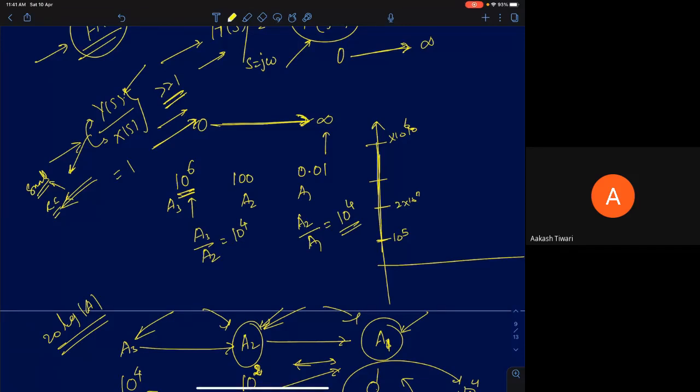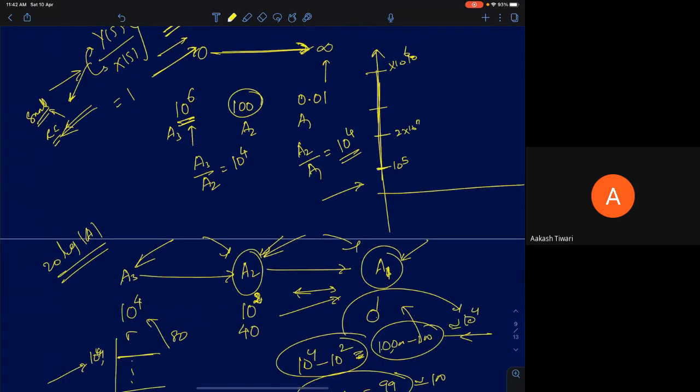Now on this graph, if I want to show 10 power 2, which is 100, where do you think that will come? This is 10 power 5. This graph again has to be divided into units of 100. So that should be divided into 1000 small units. Because if you divide 10 power 5 by 100, you get 1000, 10 power 3. So I should divide into 1000 small units, and 10 square is going to come at this point.